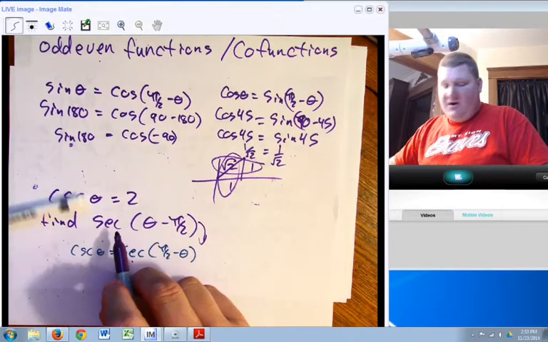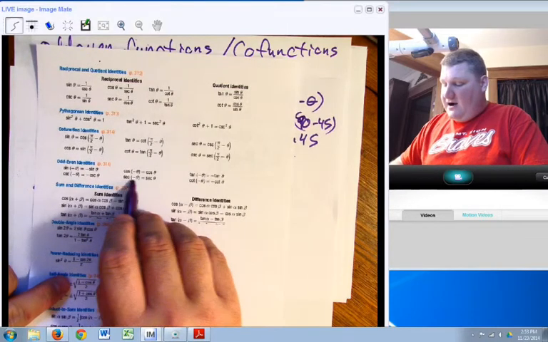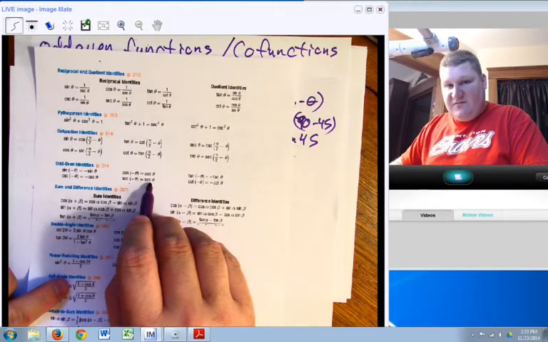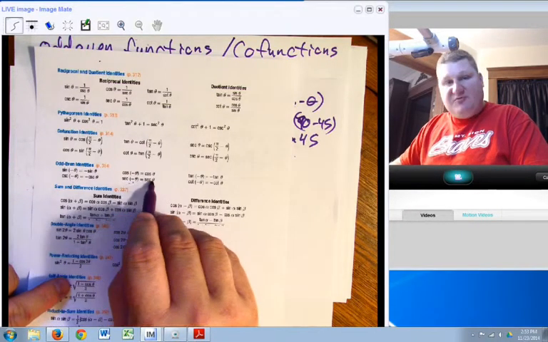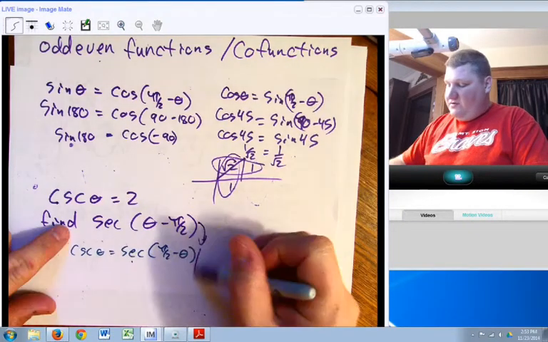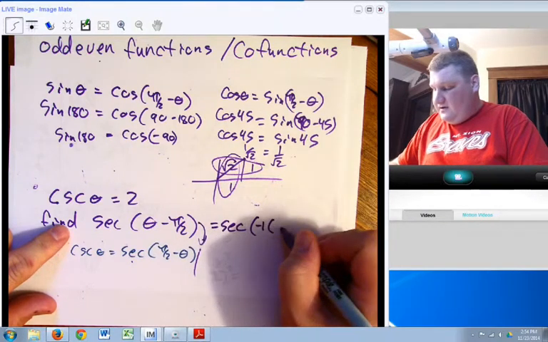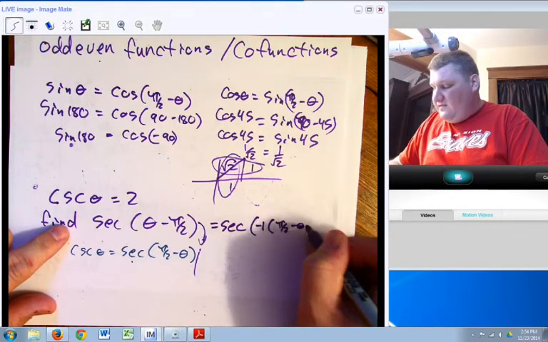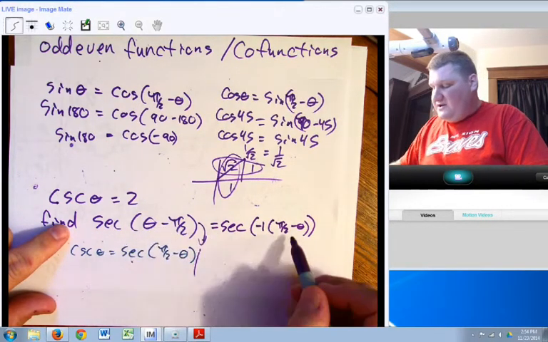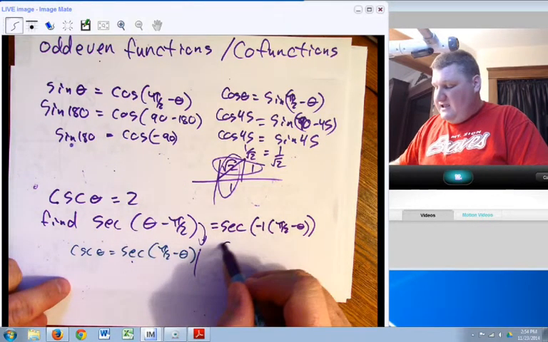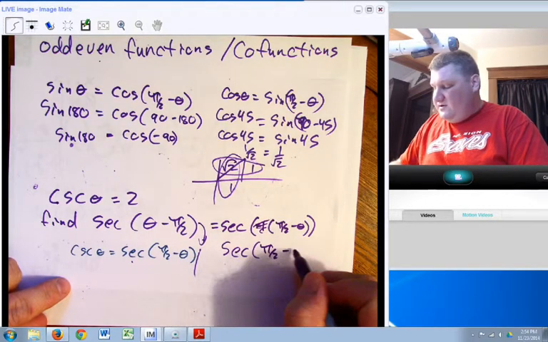Except that I know secant is an even function because it's based off cosine. And so whatever the negative is inside simply disappears. So if I were to rewrite this secant as secant of negative 1 times pi over 2 minus theta, I did that by simply taking out a negative 1 from each piece. But the nice thing is because it's even, this negative 1 is going to disappear, leaving pi over 2 minus theta.